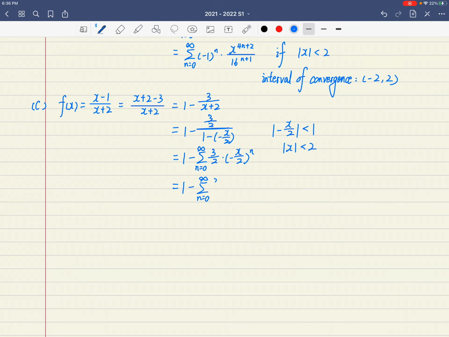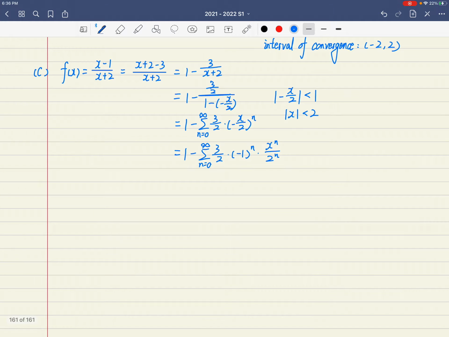It is this times -1 to the power of n times x to the power of n times 2 to the power of n. So it is 1 minus the summation of -1 to the power of n times 3x to the power of n over 2 to the power of n plus 1.